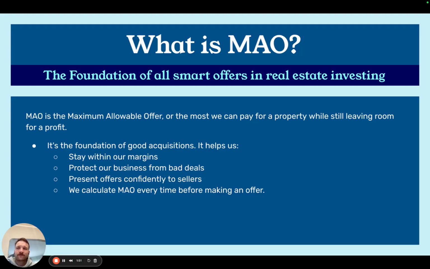It allows us to present offers confidently to sellers, knowing that this is our highest offer that we can make. We calculate MAO every time before making an offer, so the acquisitions team knows how high they can go and how much they need to negotiate in order to get the deal done.